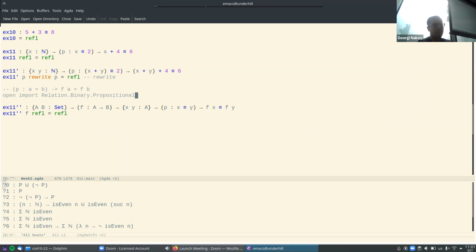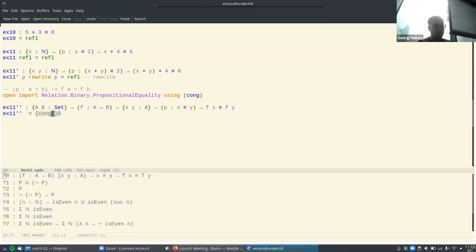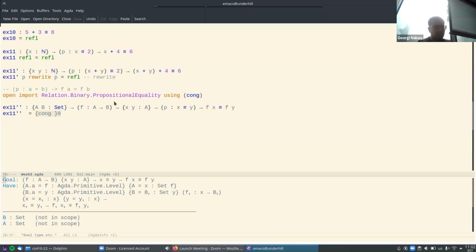It is called cong. Yes, it's usually called cong, short for congruence. And if you ignore all the stuff that talks about levels, you can see it is the same function.